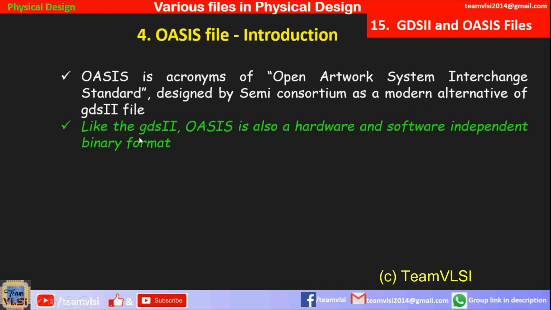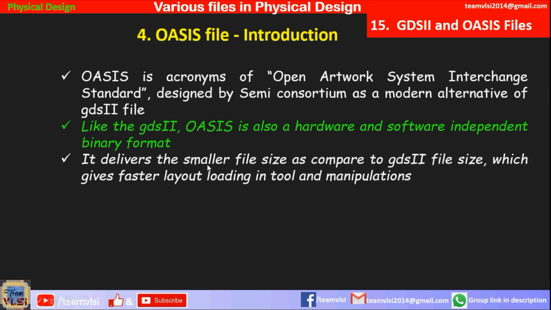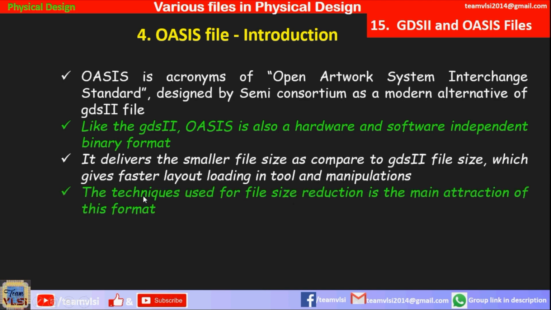Like GDS2, OASIS is also a hardware and software independent binary format. It delivers a smaller file size as compared to GDS2, which gives faster layout loading in tools and manipulations. The techniques used for file size reduction are the main attraction of this format.